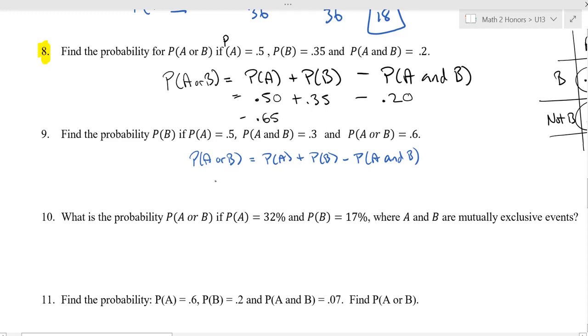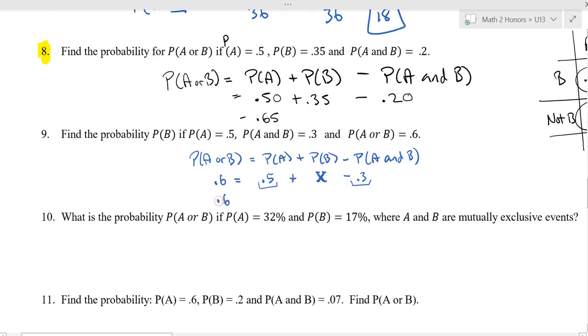So 0.6 is equal to 0.5 plus x, I'm solving for that, minus 0.3. Careful, it's an x, it's not a times symbol. I'll just make it look a little different, okay? So 0.5 minus 0.3 is 0.2.